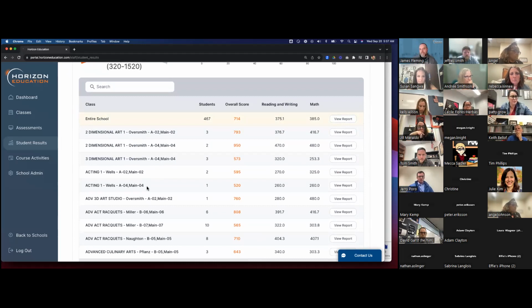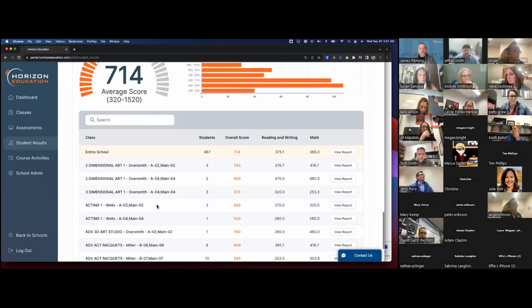If you have admin permissions, then you're going to be able to see all the sections within the room or within the school. So I'm going to stick to the school level data today, but as we're going through these pages, they're all going to be the same. So you can pick 9th, 10th, or 11th. You can pick one of your sections to dive into the data, and you can follow along that way.